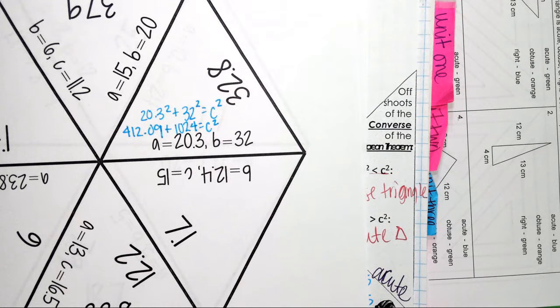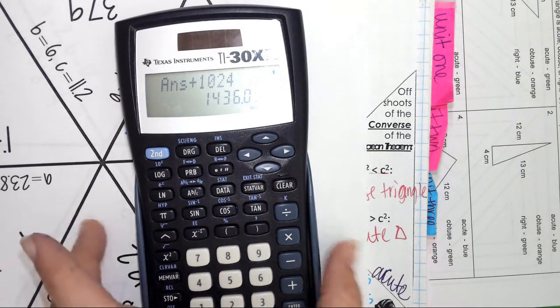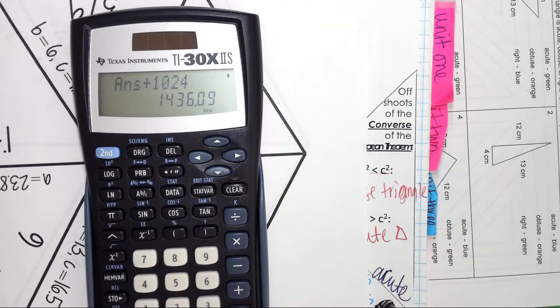And then what are you going to do to get c? Take the square root. When you add those two together, you get 1436.09, correct? You don't need the back pages yet. You just needed the two sets of triangles from the front. The back pages are paper clipped and we don't need to touch those yet.